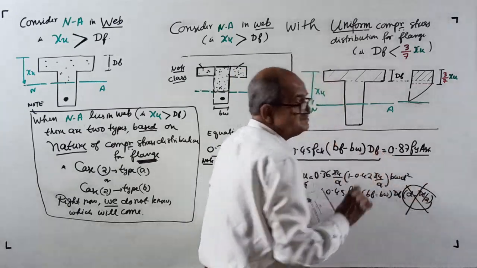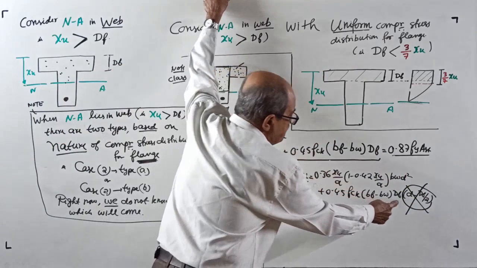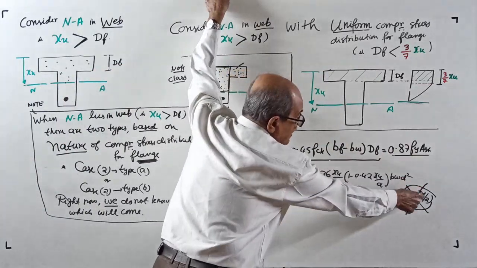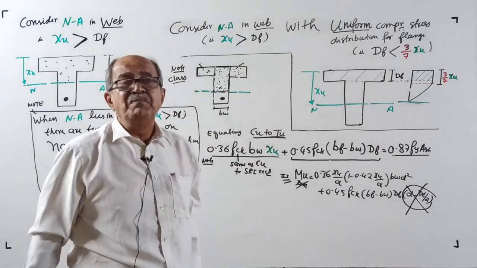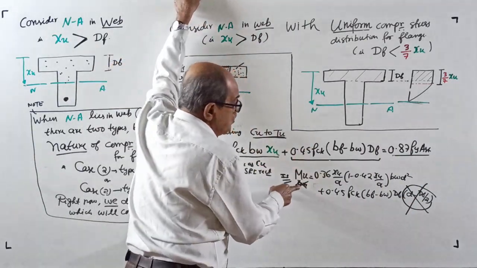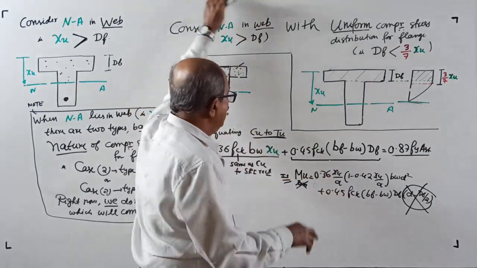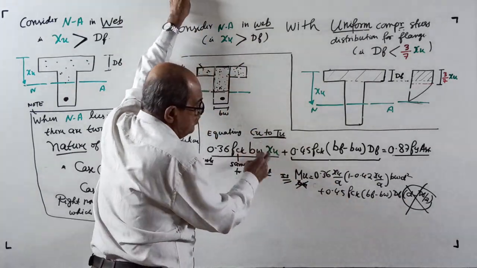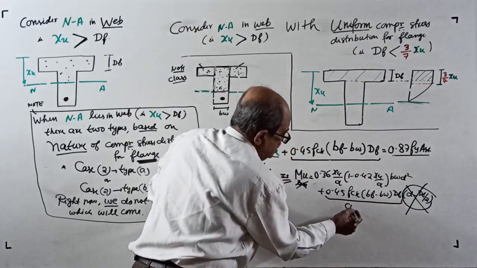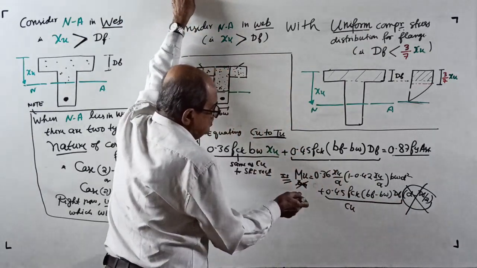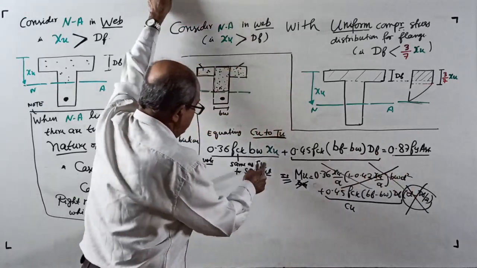This is the compression force, and that is the lever arm. Force into lever arm gives Mu, and the bracket is there when you calculate Mu. But we are only interested in the force, Cu, so this much is Cu.